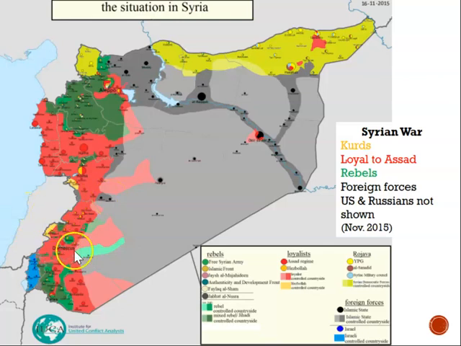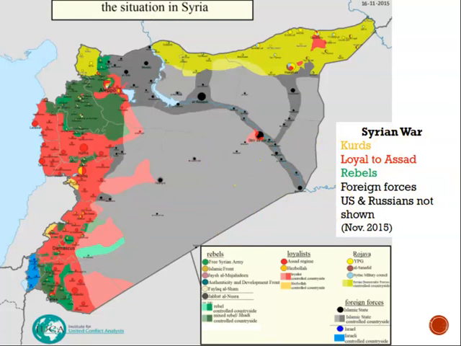And so you see them here in these reddish colors. These are the ones who are loyal to Assad. And there's been a fight back and forth. This map comes from November of 2015, so it's greatly changed since then. But it gives you a snapshot of what was going on.